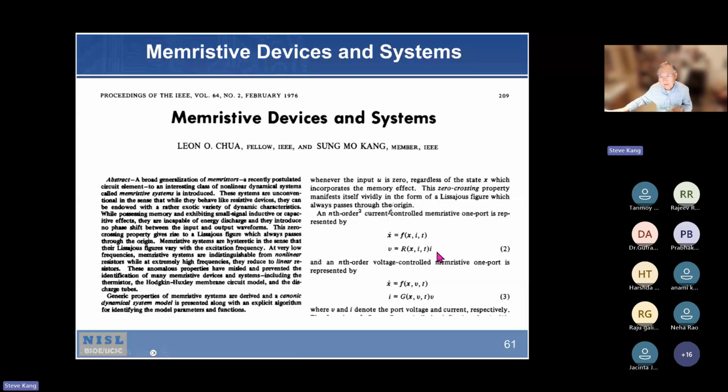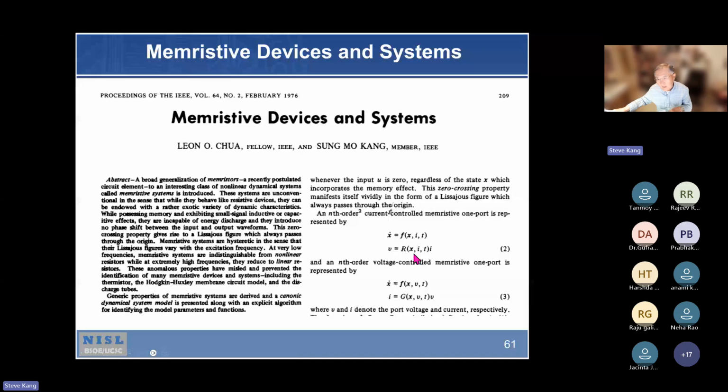So if you look at equation number 2, it has Ohm's law. Voltage is equal to resistance multiplied by current. It's Ohm's law. But that resistance is not constant anymore. It's a function of a state variable x, or can be a function of a current, or can be a function of t.